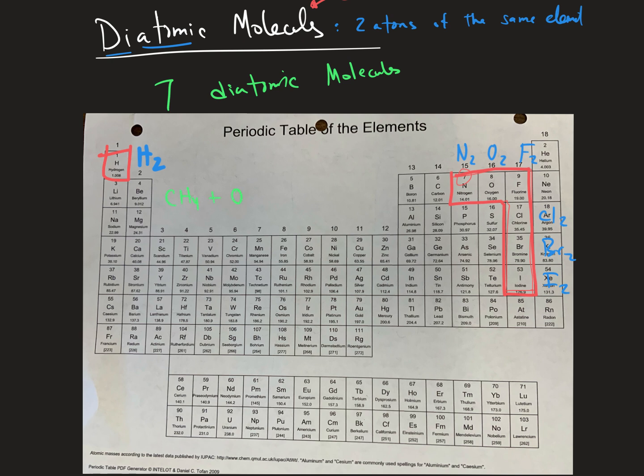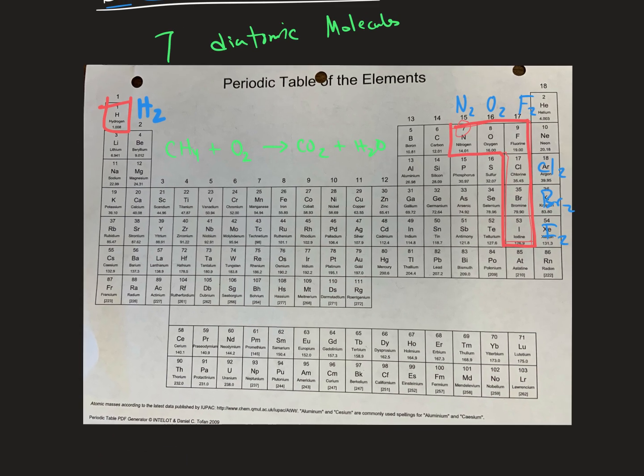And you have to know that it's O2 and not O. If you write O, everything from then on is going to be wrong. So you got to know that. You don't have to know how to write this formula right now. We'll get there. Just saying as an example. Good? All right, we good with the diatomic molecules?